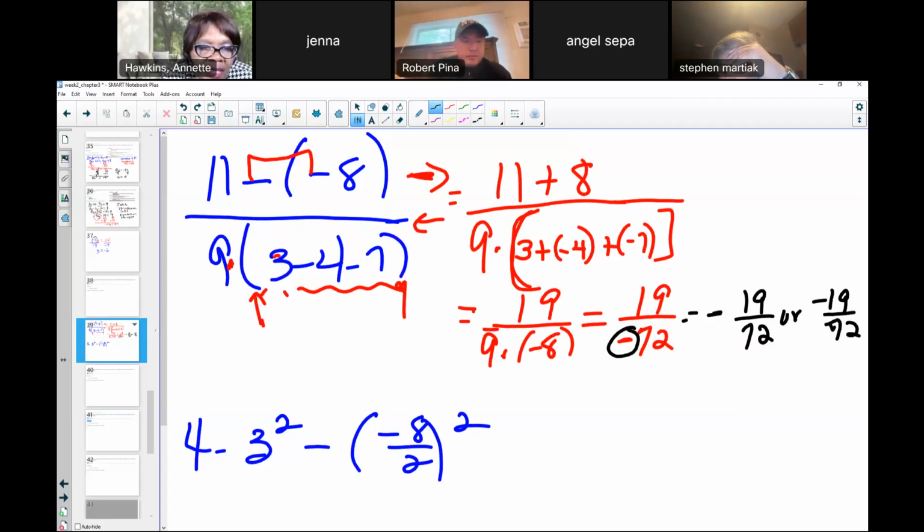Discussion about anything that we did here. Would you reduce that even further, that fraction? It doesn't reduce evenly because 19 is a prime number, so I would just leave it like it is.